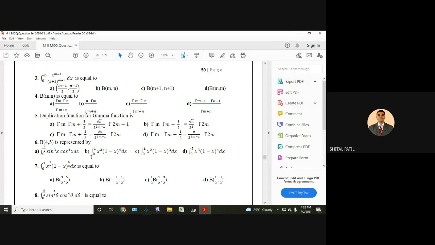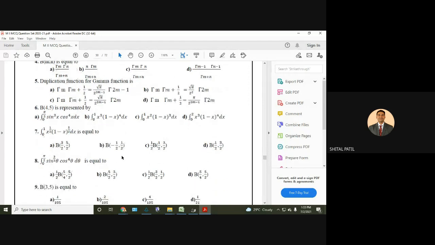Okay, question number 6. How we can represent beta of 4, 5? Which one is correct? B is correct. Integration from 0 to 1 x raised to 3, 1 minus x raised to 4. Is it correct? Yes, it is correct.